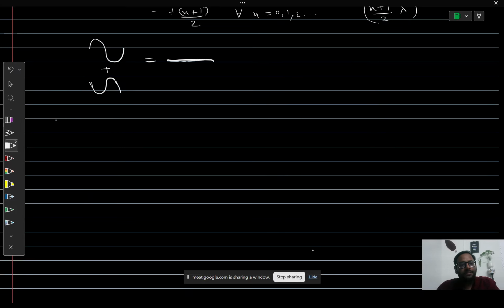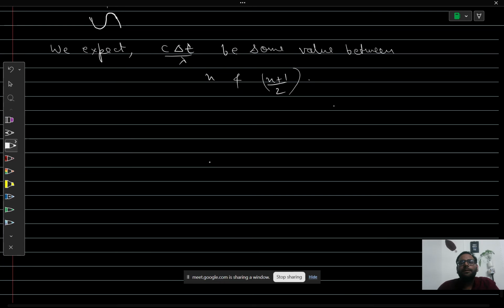So now what do we expect? That this delta T by lambda be some value between n and n plus 1. This is the phase difference. Okay, we expect that this phase difference should be any value between n and n plus 1.